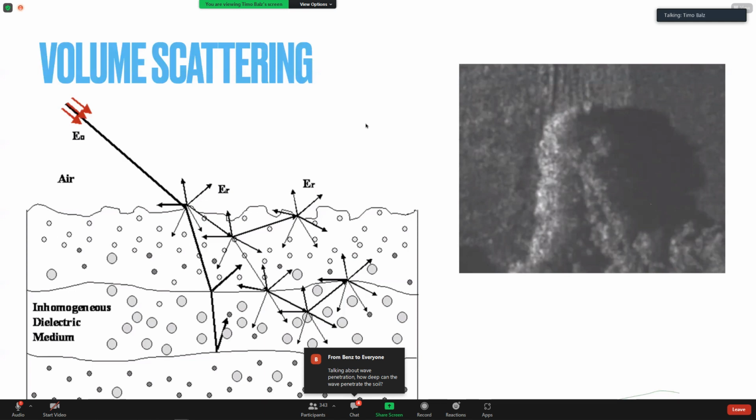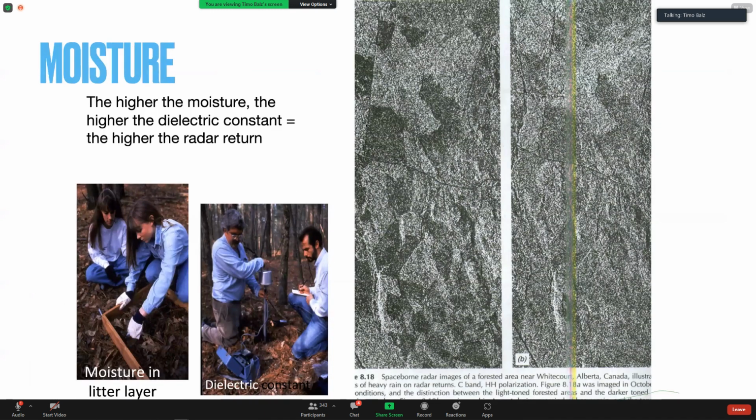Moisture plays a big role. I just mentioned that. The SAR, the radar, is reacting to electrical materials that are conducting energy, like power. If you have a conducting surface, you will have a reflection there.